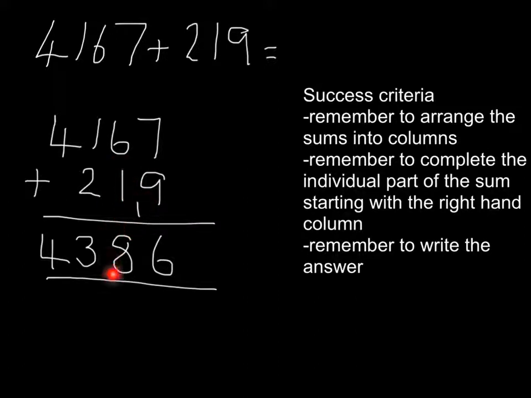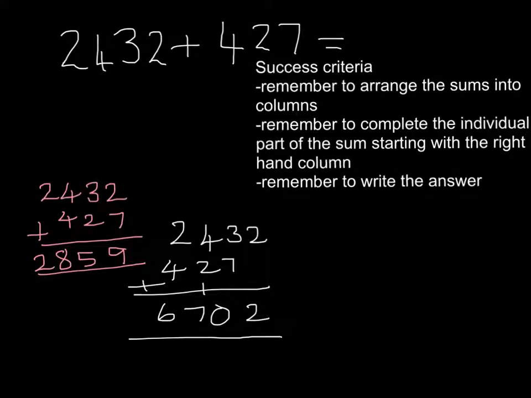That gives us 8 tens. After that, we add 100 and 200. That makes 300. Finally, we add 4,000 and no thousands. That gives us 4,000. Remember to write your answer, which is 4,386.